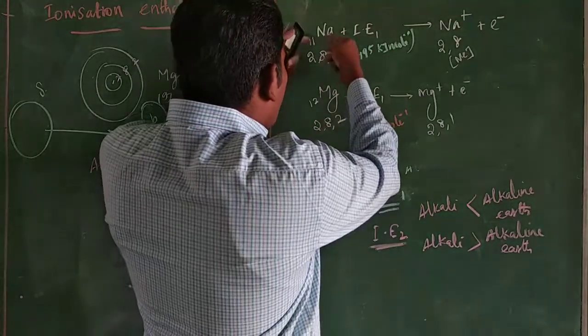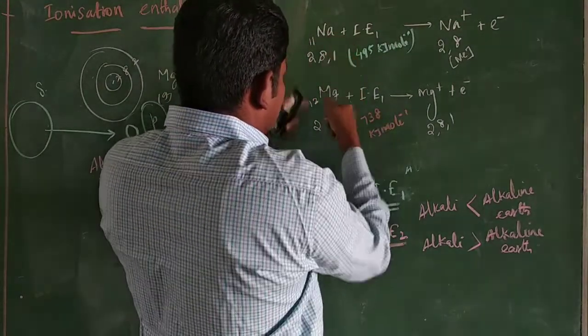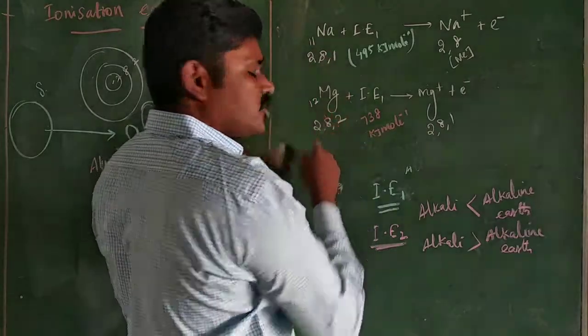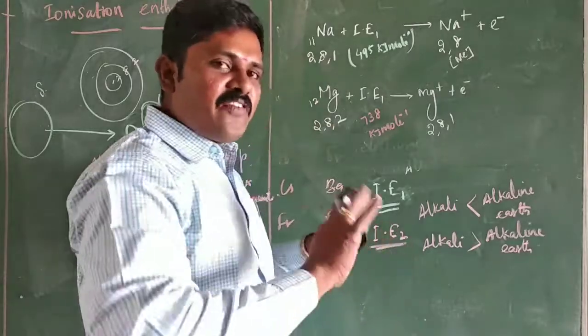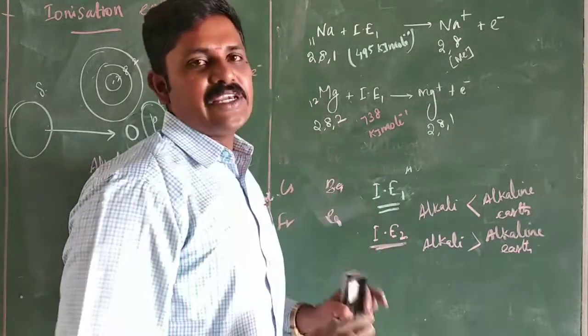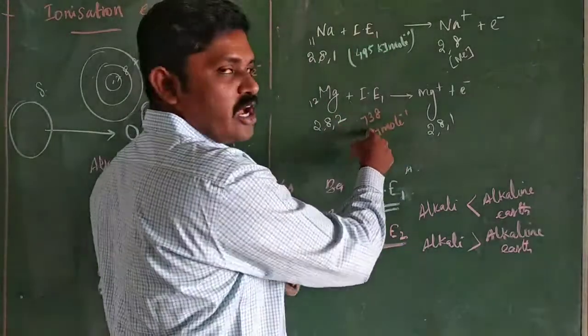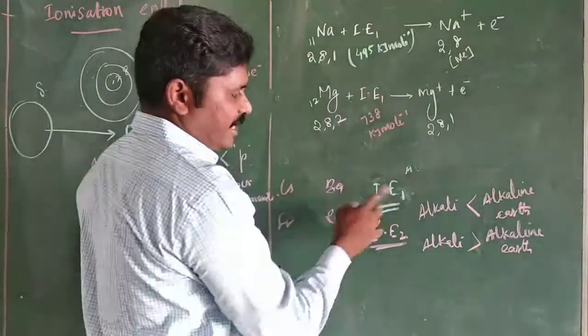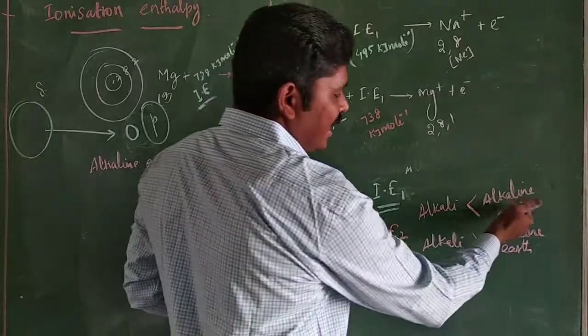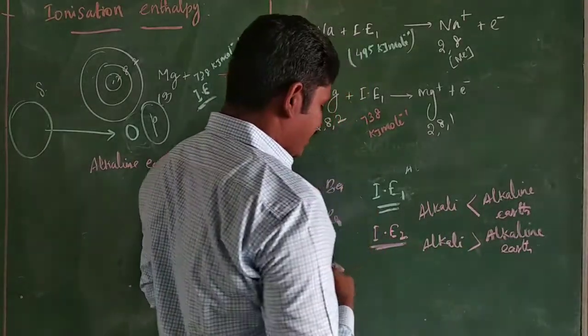So the nuclear charge increases, from 11 to 12. The effective nuclear charge increases and the size decreases, so the ionization energy also increases. The first ionization energy of alkaline earth metals is higher than alkali metals.